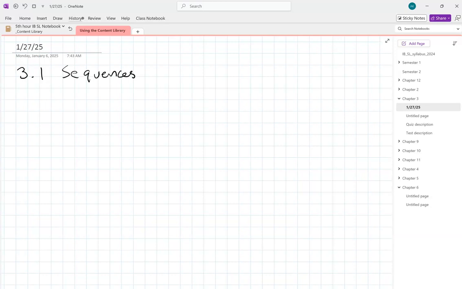So in chapter 3, we're going to be talking about sequences and series. I want to start with just defining what we mean by a sequence. Last chapter we talked about functions, right?